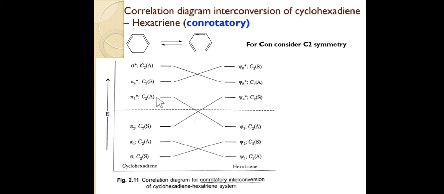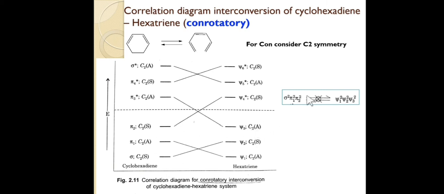For the conrotatory process, we can see here whether it is thermally allowed or photochemically allowed. You can see the ground state, that is sigma 2, pi 1 2 and pi 2 2. The 2 here is for the electrons. So this 6 electron system is not matching with psi 1, psi 2, psi 3, that is the ground state.